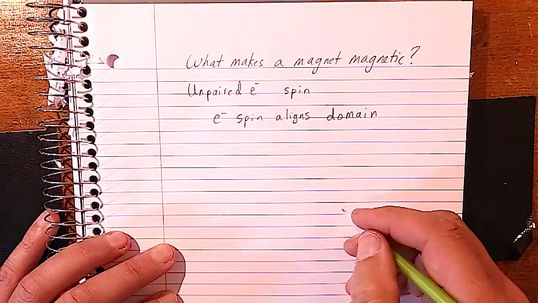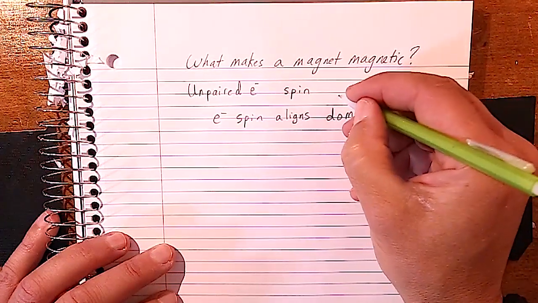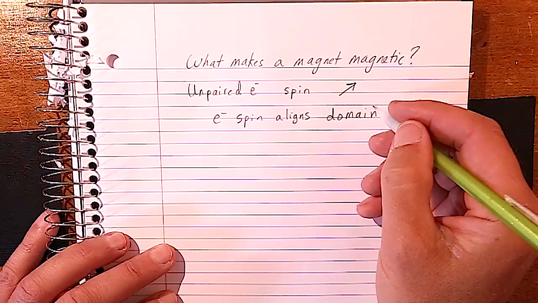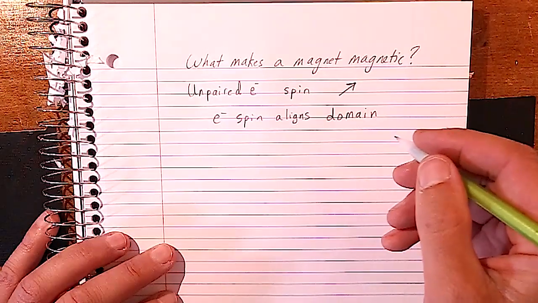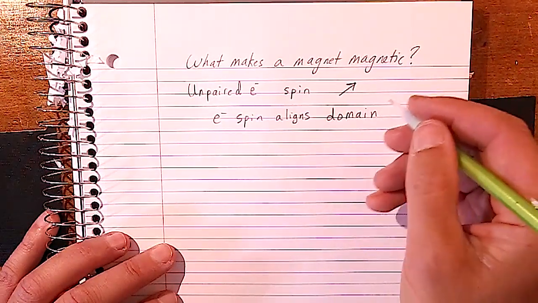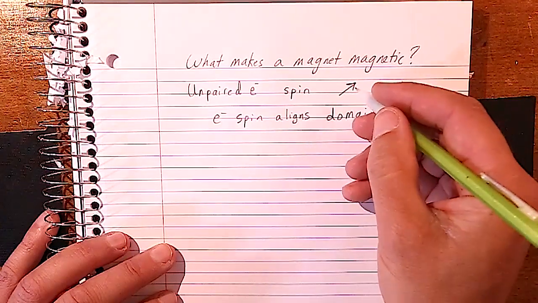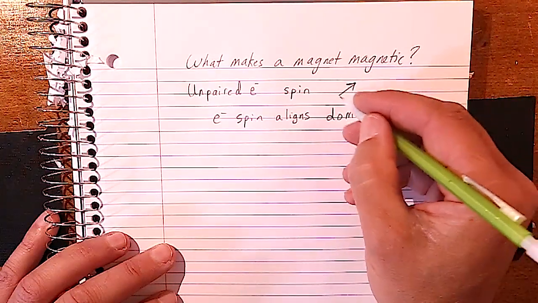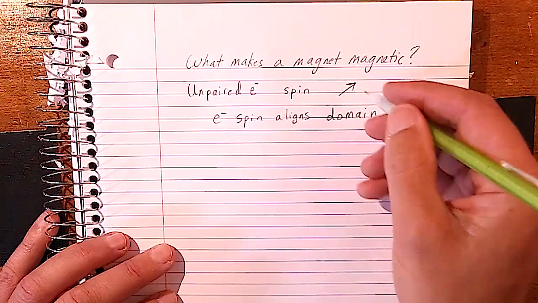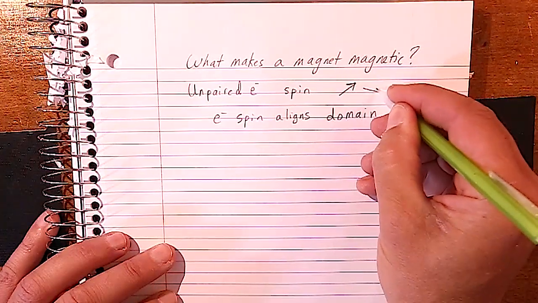The way we represent this is just with an arrow. The electron spins in a certain direction, and that's an oversimplification of what's happening. It's not simply a spin like a spinning top, but you can think of it as that for now. It spins in a certain direction and produces a little domain that points in a certain direction.